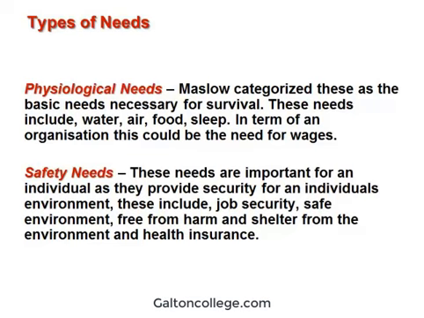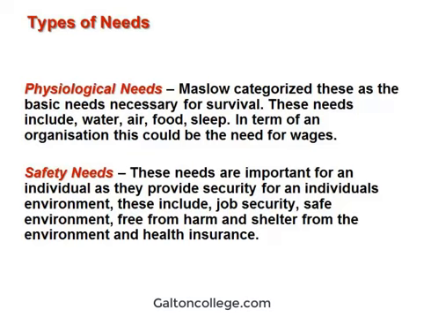Then we have safety needs. These needs are important for an individual as they provide security for an individual's environment. They include job security, a safe environment to work, free from harm, shelter from the environment, and health insurance.